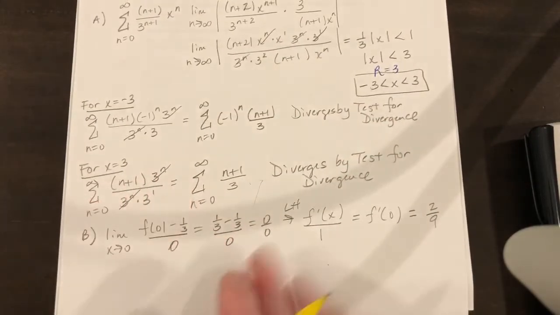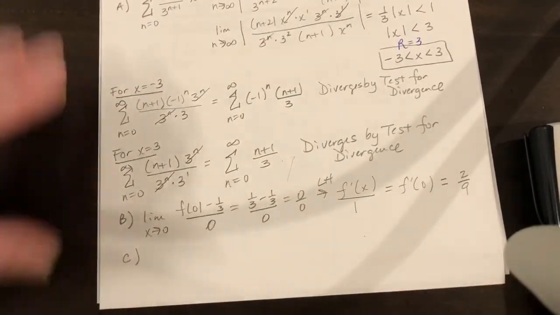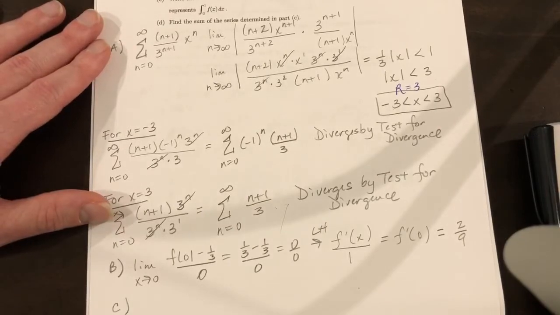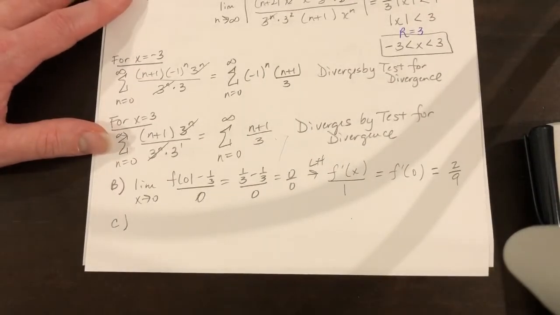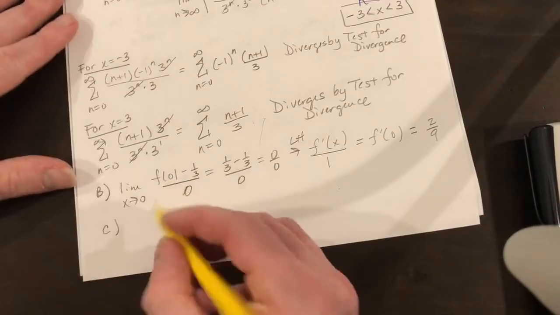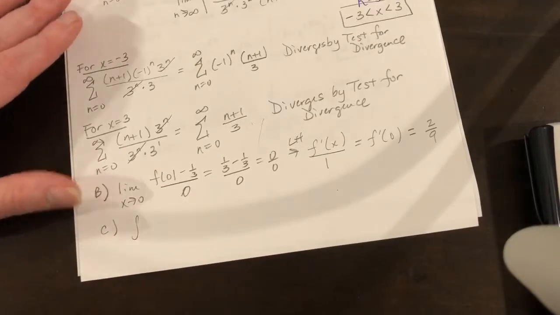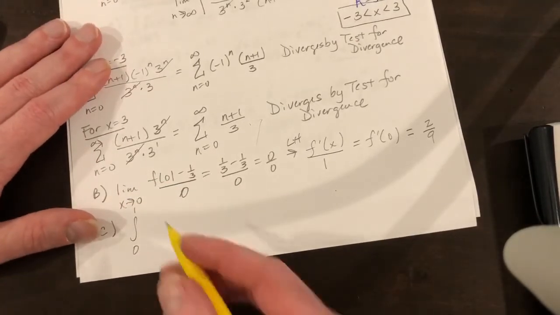Okay, part C. It says, write the first 3 non-zero terms and the general term for the infinite series that represents the integral from 0 to 1 of f of x dx.